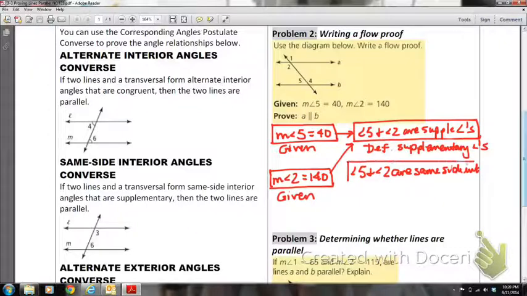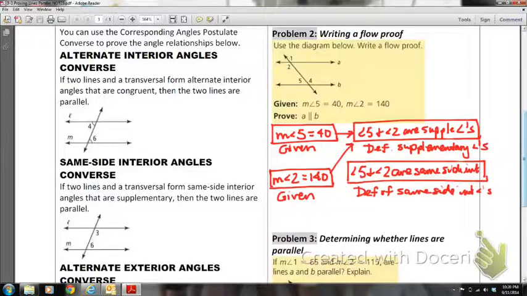So that's the statement we're making. Put a box around it. And that's just by definition of same side interior angles.